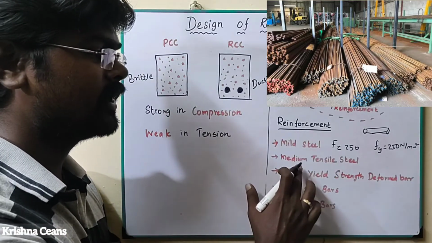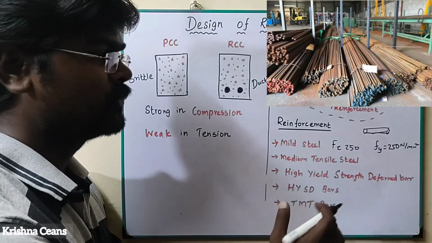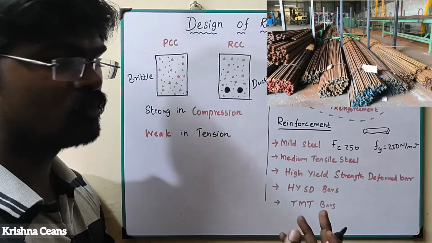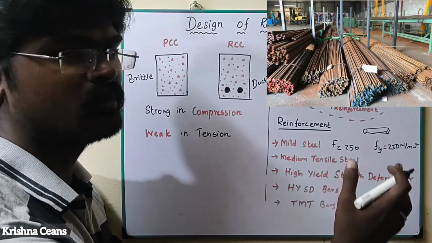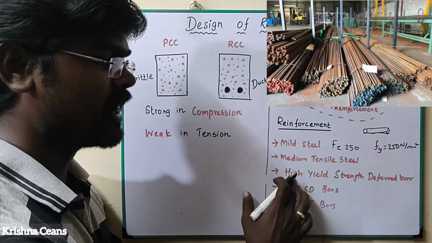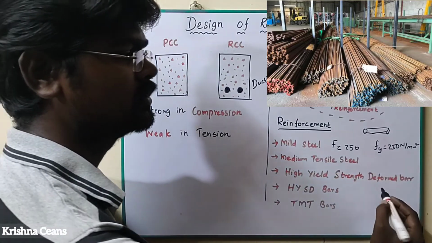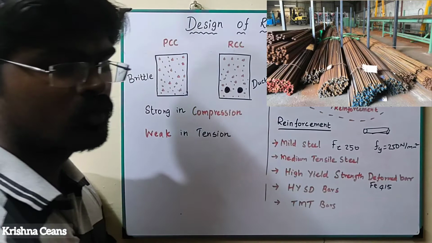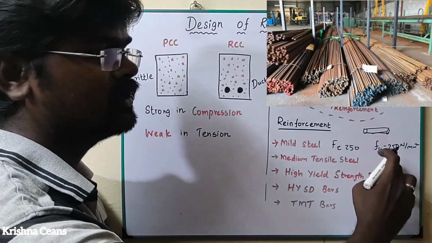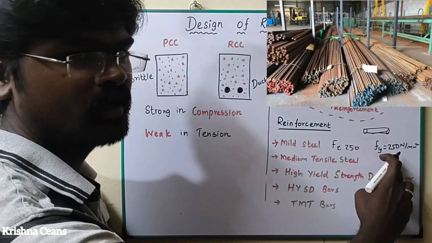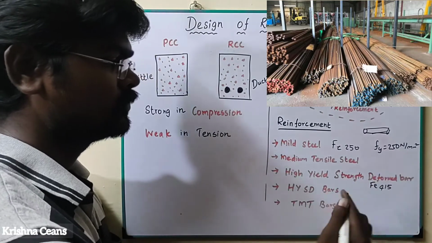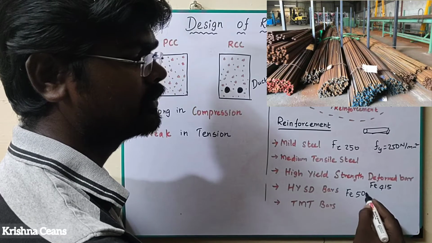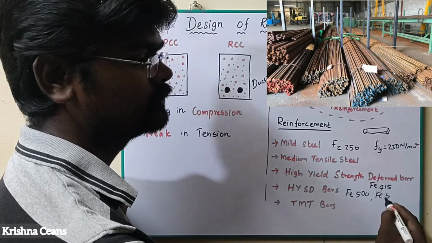After that they introduced medium tensile steel, which is greater than Fe 250. After that, nowadays in most cases we use HYSD bars. HYSD bars are high yield strength deformed bars. In that we use Fe 415, where 415 is the tensile stress, 415 Newton per mm square. Then HYSD bars are available as Fe 500 and Fe 550.